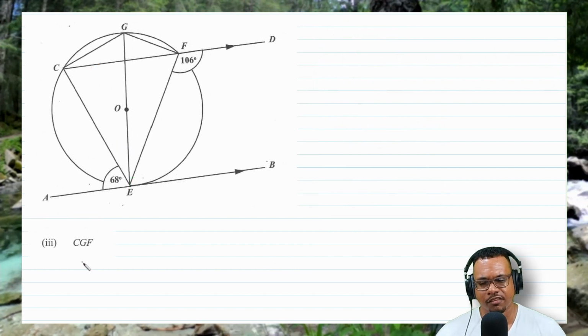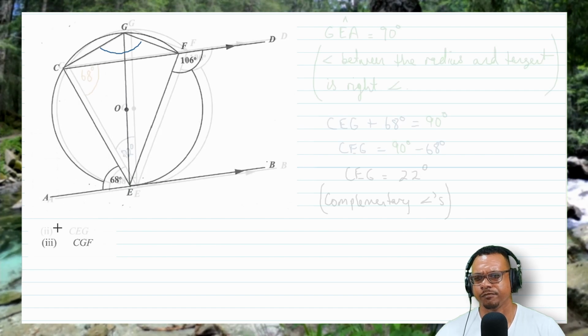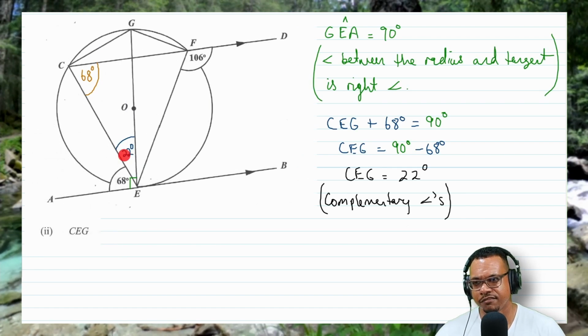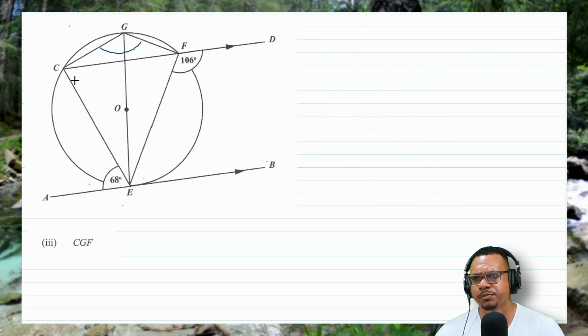All right, so moving on to part 3, we want to find out what is angle CGF. So that's C to G to F. So that's this angle on top here, CGF. Now just go back here to see the angles that I've found previously, the 68 and the 22. So let's put those in, 68 degrees and 22 degrees. Now what I noticed, this is a straight line here.